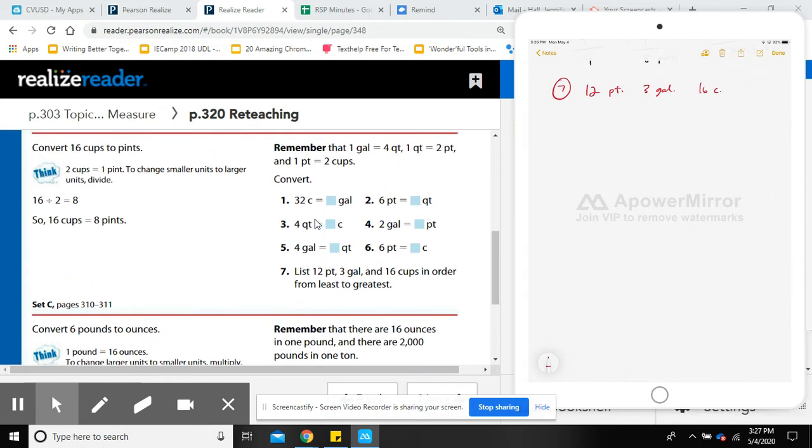So up here we have 1 pint is equal to 2 cups. So then if I need to get to 12 pints, multiply by 12. So that's 24 cups.